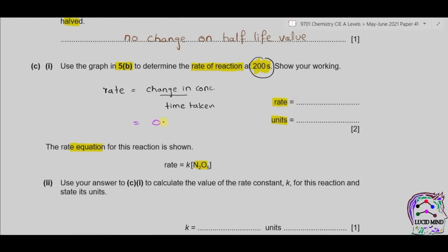It will be 0.20 divided by 400, which is equal to 5 × 10^-4. Now the unit of change in concentration is mole per decimeter cube and time taken is in seconds, so it will be mole per decimeter cube per second.